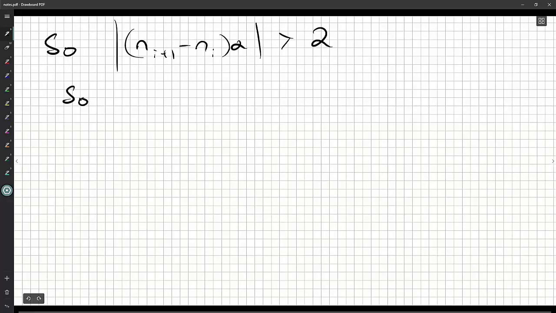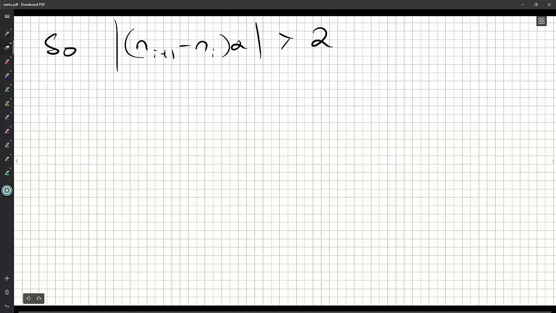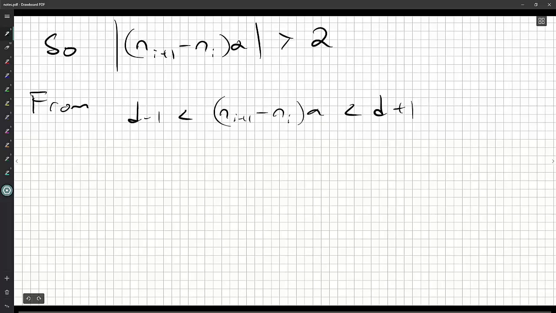So what's the conclusion there? That there must be just one k that works. So suppose, let's say, from d minus 1 being less than n_{i+1} minus n_i times alpha less than d plus 1.